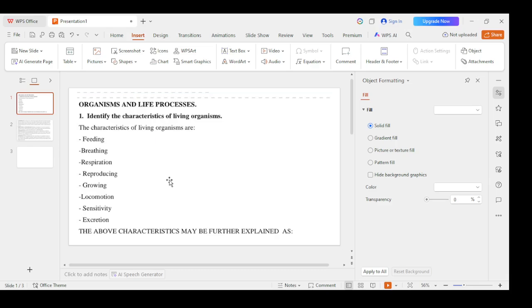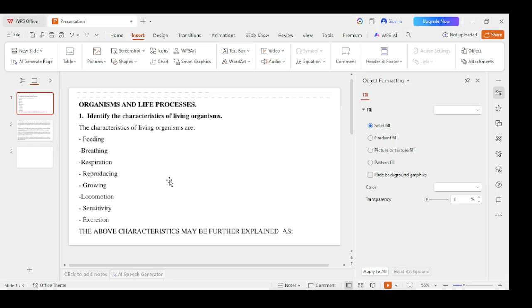In a simpler way, we can say biology is the scientific study of living and non-living things, how they form, how they develop, and how they interact.